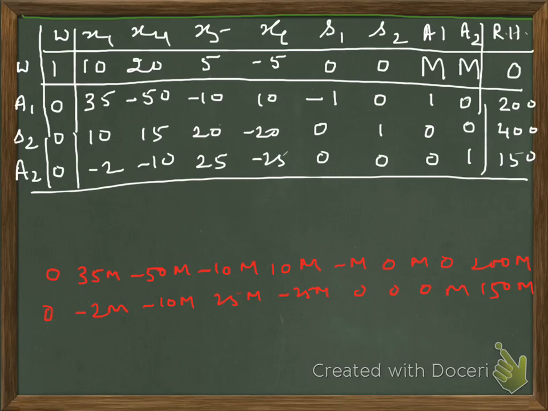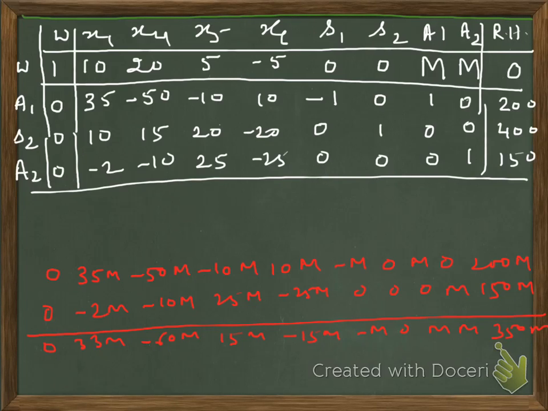So we are adding these two, and we get here 0, 35 minus 2 is 33m, minus 60m, plus 15m, minus 15m, minus m, 0, m, m and 350m. This will be subtracted from the original w row, which is, you see here, 1, 10, 20, 5, minus 5 and so on.